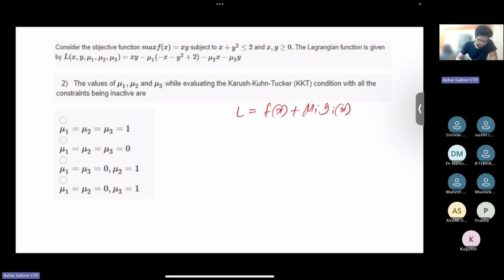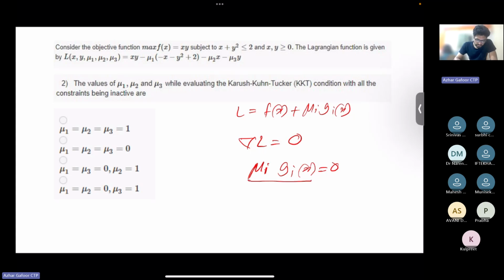The conditions that have to be satisfied are: delta L has to be equal to 0. Then mu i times g i of x has to be equal to 0, converting all the inequality constraints into equality constraints.